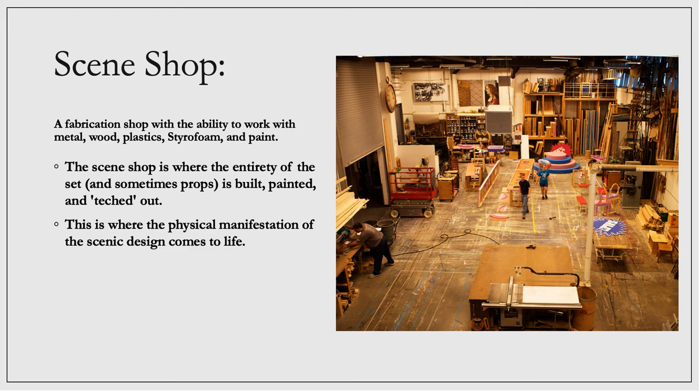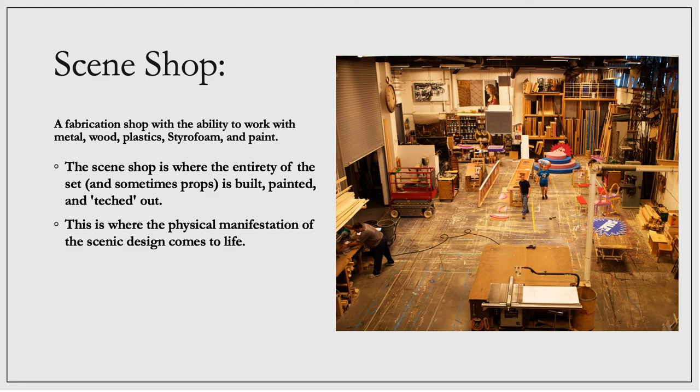There's usually a tool area, like a little tool crib or a special tool room. Most scene shops have a paint area. Some theaters have an individual paint shop or paint space. A lot of scene shops will do metal work, so they'll have an individual area for these specialty types of construction.